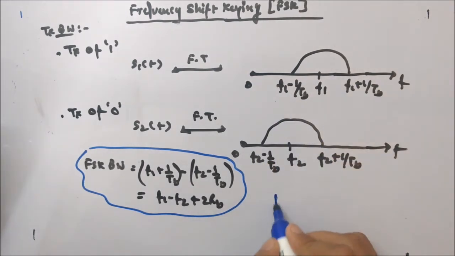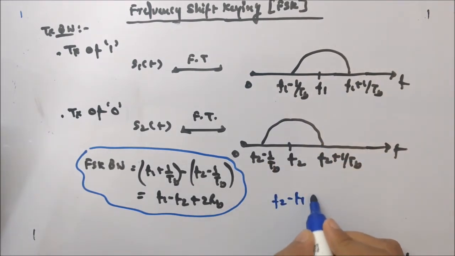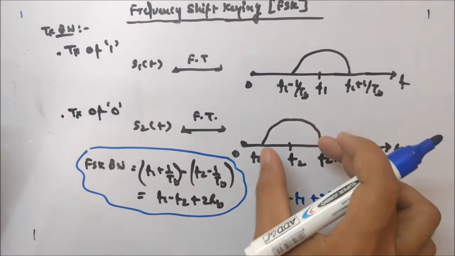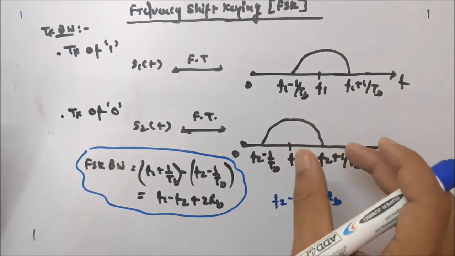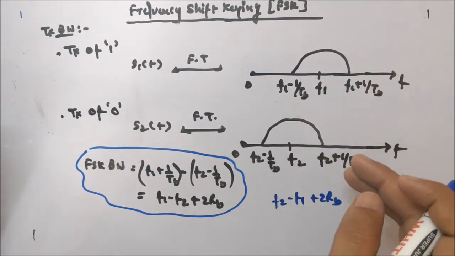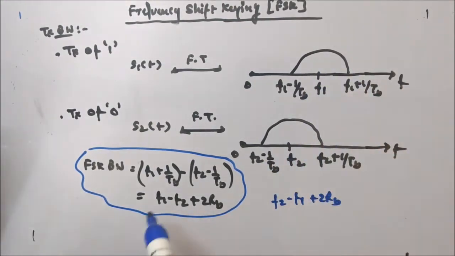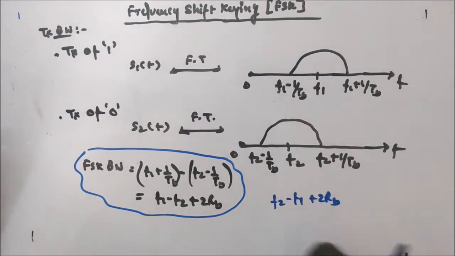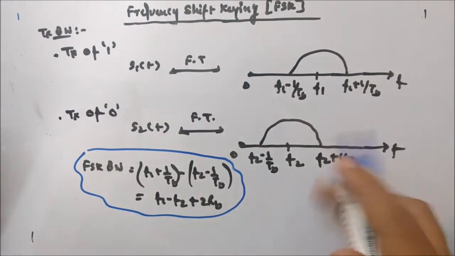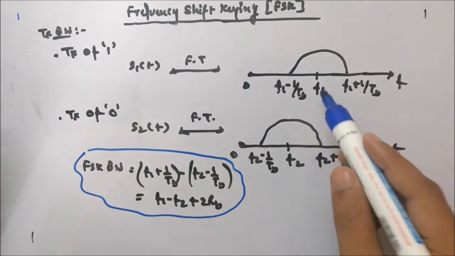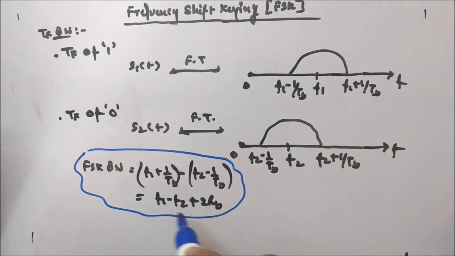The only difference you will get is F2 minus F1 plus 2 RB. So it depends upon what is the frequency chosen and which is the higher one, and that's how you can plot and you can calculate the bandwidth. But generally what happens is F1 is greater than F2, you can see. So this kind of FSK bandwidth will come out to be like this.